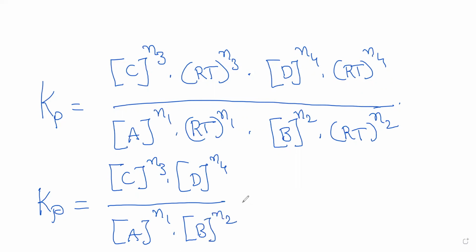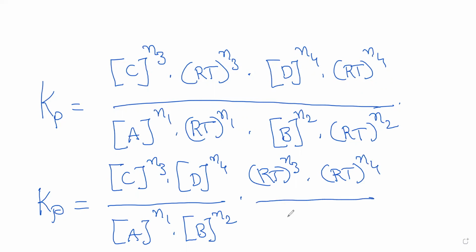Like this we can write. So multiplied by RT power n3 into RT power n4, divided by RT power n1 into RT power n2. Like this we'll write. Please note it.